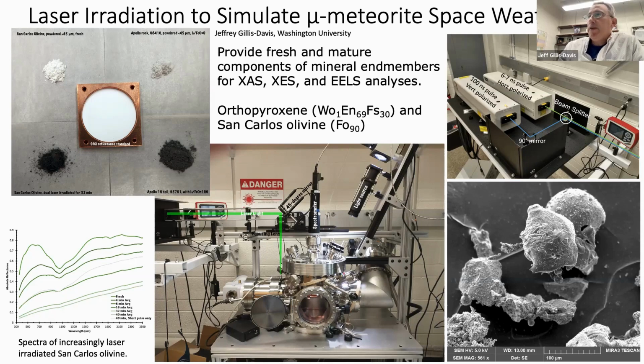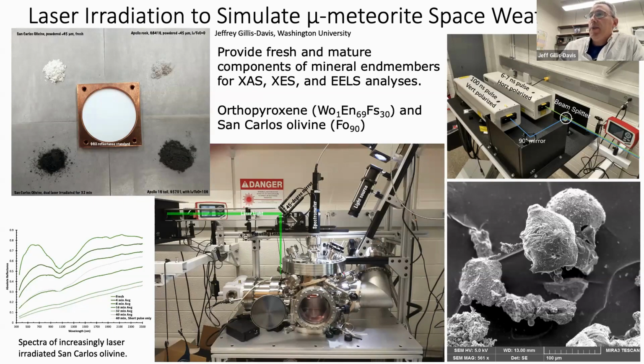With the laser weathering that we do, in this case with San Carlos olivine, we use a material that's uncompressed with a grain size of less than 45 microns, and you can see an image of it in the top. The spectra are down below for the fresh material, that upper spectrum.